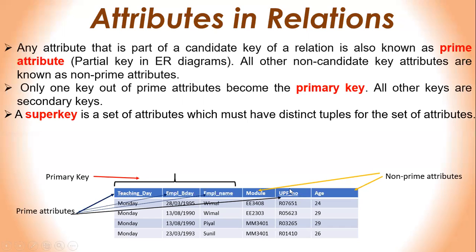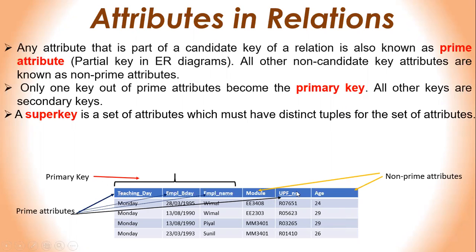Or in other terms, if you take this UPF number with another attribute, for example, consider age. So if you get UPF number and age, does it appear anywhere else? No. These two together do not appear anywhere else. These two together also same.